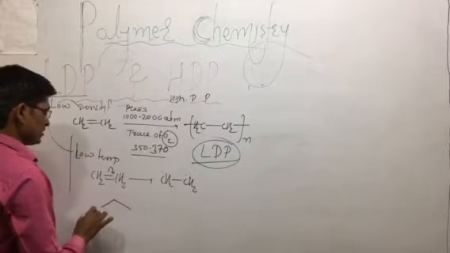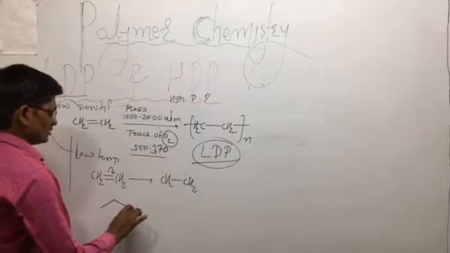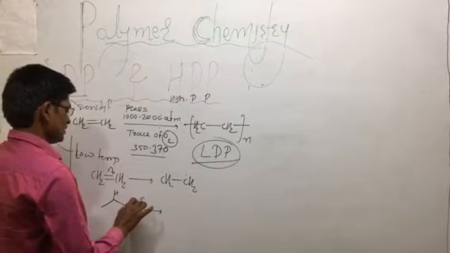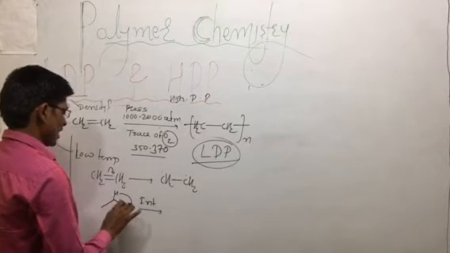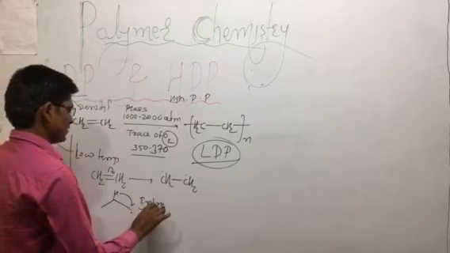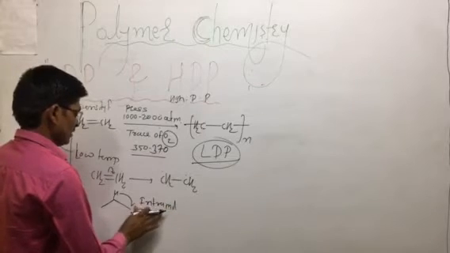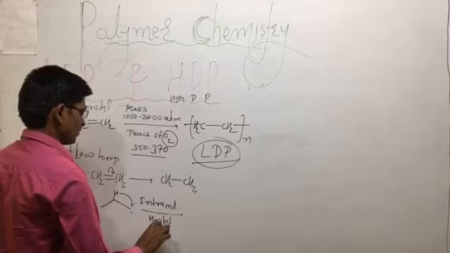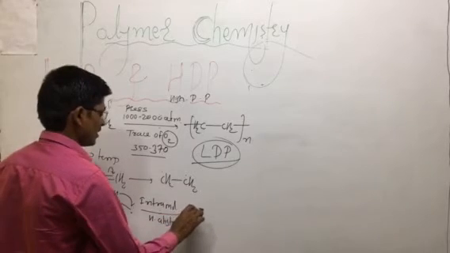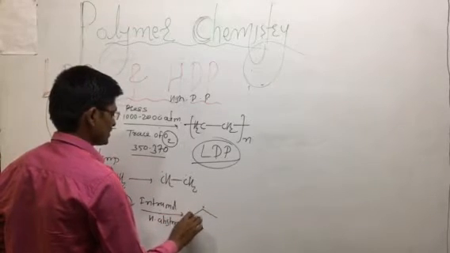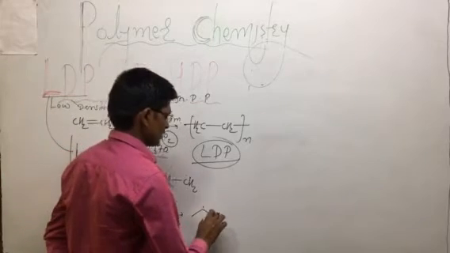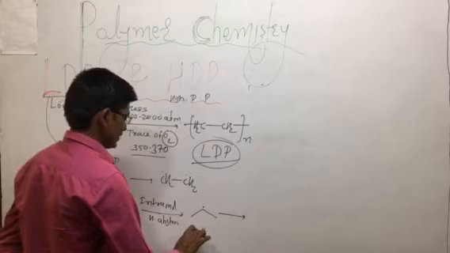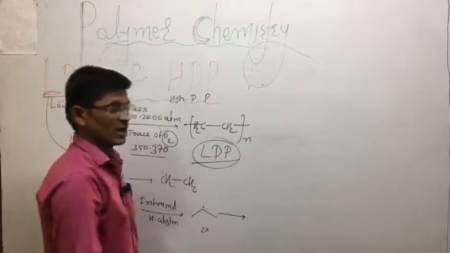If we have this type of radical species and one hydrogen atom, this is nothing but intramolecular hydrogen abstraction. Here intramolecular hydrogen abstraction takes place, and the primary radical is converted into the secondary radical because of the stability concept.